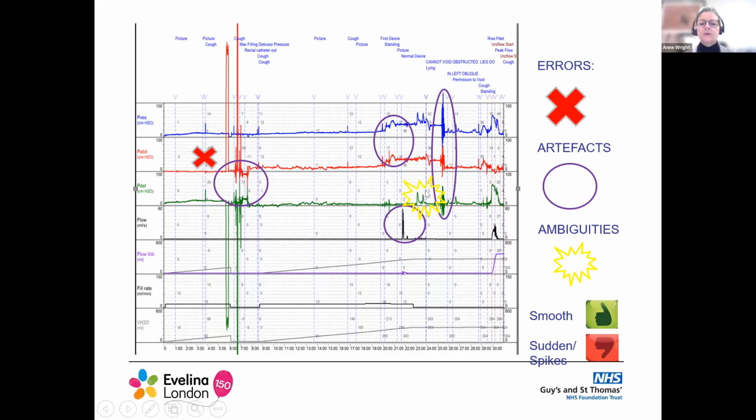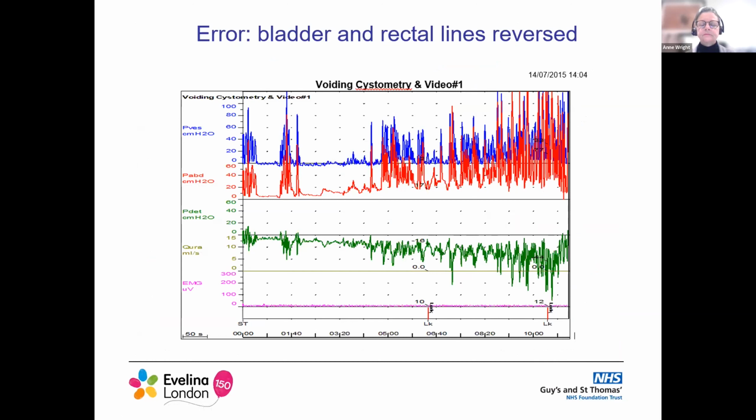In fact, it was inhibited voiding. So you need to describe that and explain it so that it's not misinterpreted at a later date. Smooth changes in traces are generally physiological, whereas sudden changes and spikes are generally artifact or error.